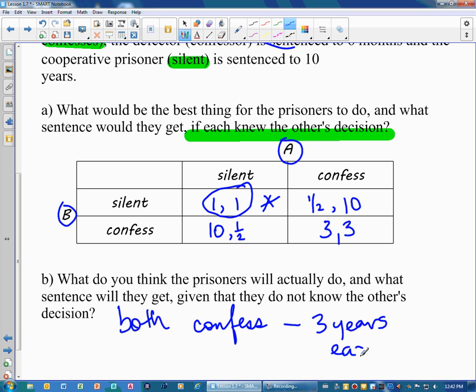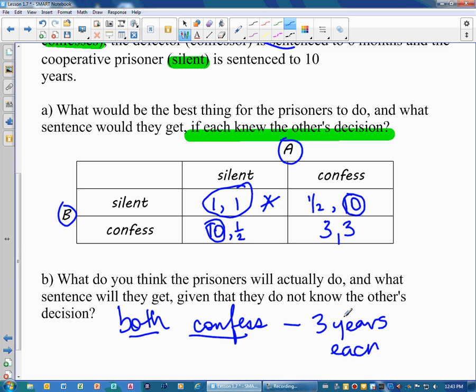It doesn't really seem worth it to be completely silent because they're not going to trust each other to both be silent. And remember that if the other person confesses and they're silent, they get that 10-year sentence. So I think they will both confess, which seems to lessen their chances of being there for 10 years, and they're both going to get 3 years.